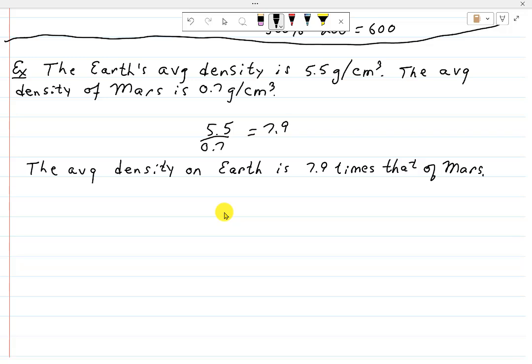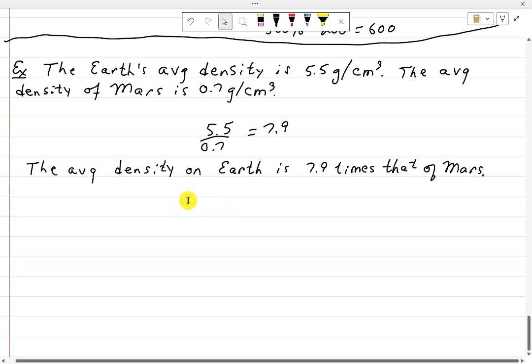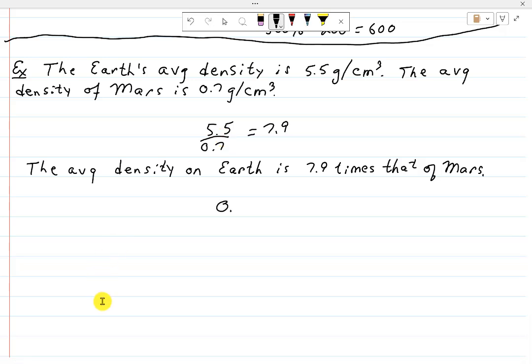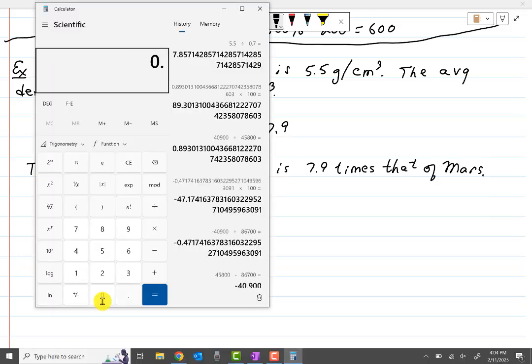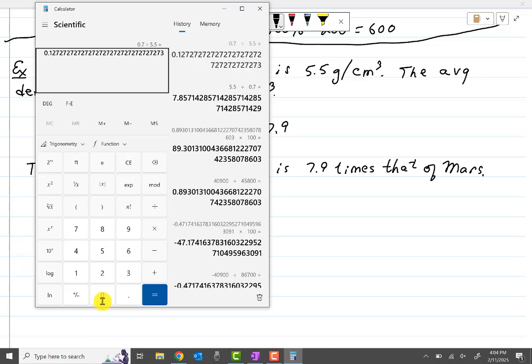But notice I'm comparing with Mars, so Mars was on the bottom. In the same way, I can do the comparison the other way. Let me have my calculator pull that one out. Now we're going to take 0.7 and divide by 5.5.